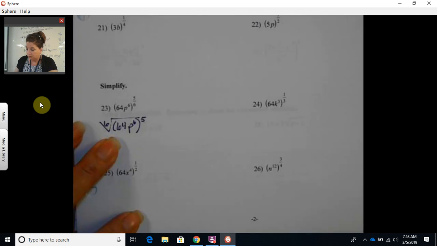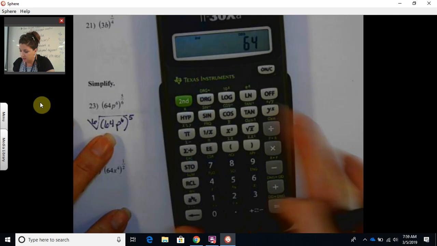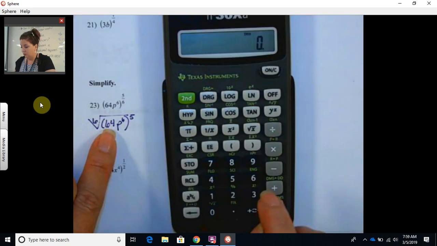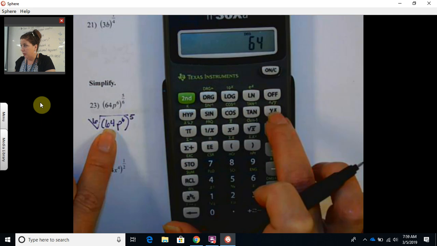Well, let me see. Is 64 a perfect 6? Let me check that out first. It is. How do you figure that out? Put it in your calculator. If I want to take the 6th root of 64, I don't just push y to the x, because that means raise to the exponent of.